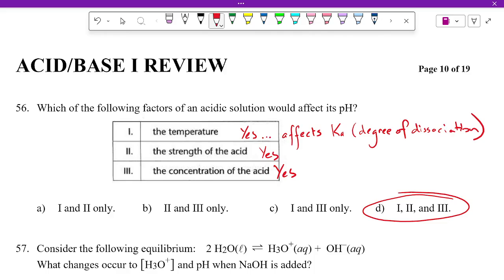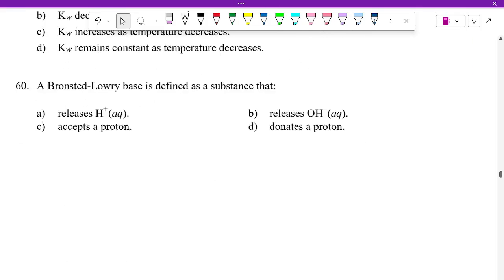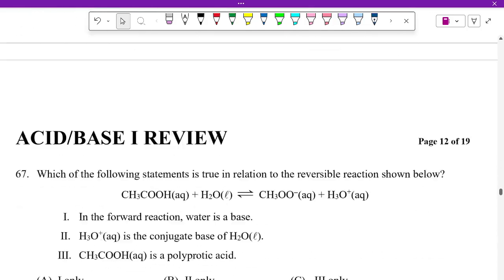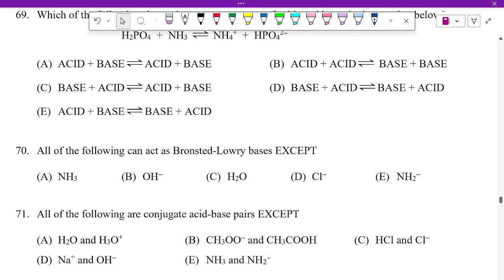Number 70. All of the following can act as Bronsted-Lowry bases except. So what is a Bronsted-Lowry base?